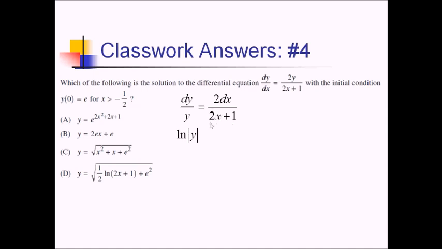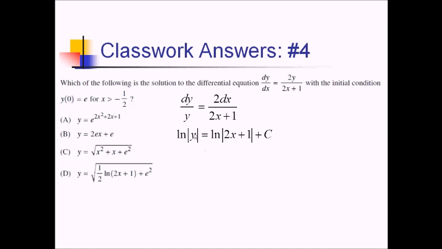So we're going to have to divide by 2, but there's already a 2 here. So conveniently, this 2 gets divided by a 2 and the 2's cancel, leaving us with just ln of absolute value of 2x plus 1 plus c. All right, so now we use our initial condition to figure out what c is.